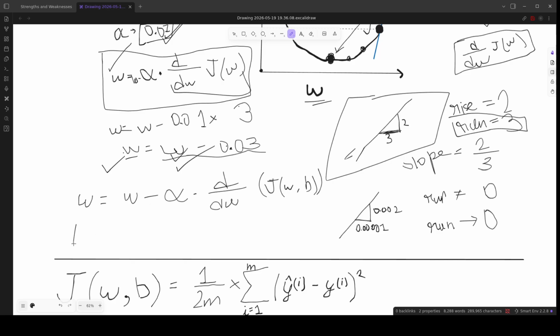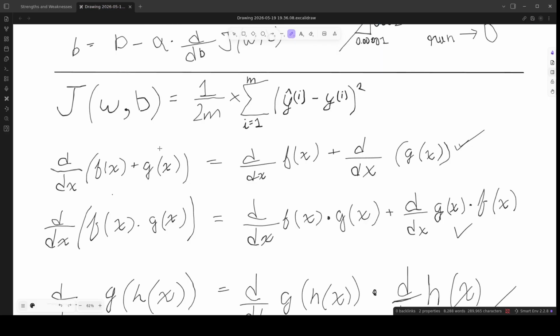And for B, it becomes B is equal to B minus alpha times the derivative of the cost function with respect to B. So now that we've seen gradient descent, we need to calculate the derivative of the cost function with respect to both B and W so that we can perform gradient descent.